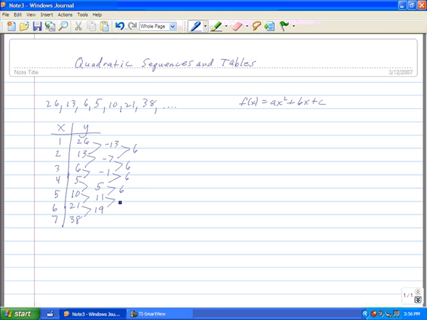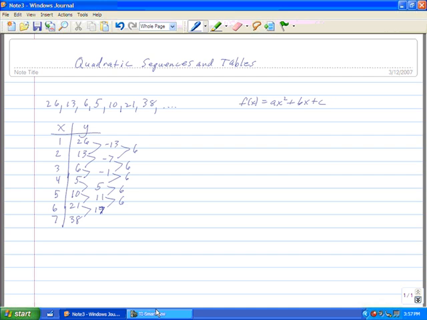And 17 take away 11 is a change of 6. Oops, sorry, I subtracted wrong there, that should have been 17, that's why it was messing up on me. This is how we know we have a quadratic relationship. These would all match if it was linear. These will match because it is in fact quadratic. So that's the easiest way to spot that that is the type of relationship you have.